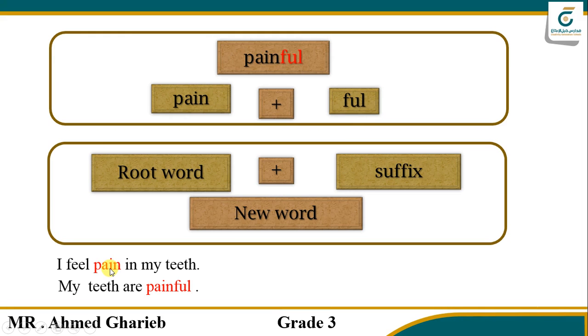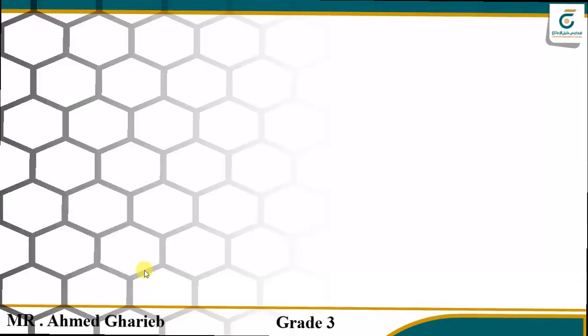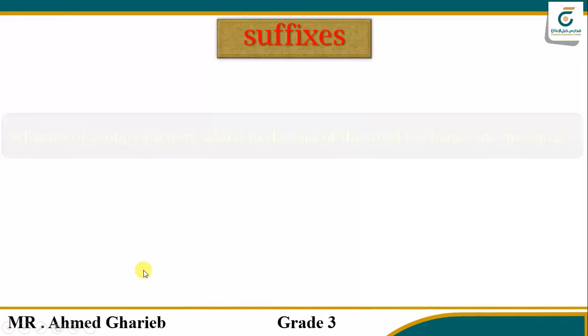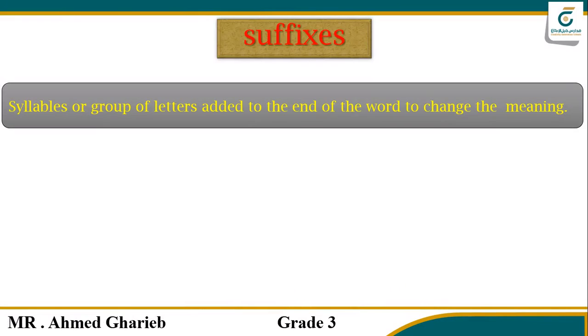And now let's remember together what's a suffix, okay? A suffix is a syllable or a group of letters added to the end of the word. Why? To change the meaning, to make a new word, okay? In the last 3 quarters, we studied some suffixes. Do you still remember them? Okay, let's remember them together.